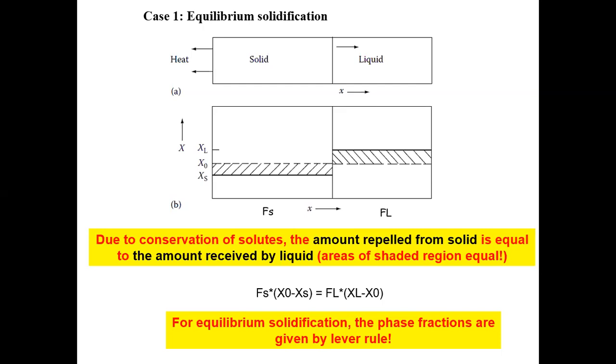In experiments this is usually difficult to achieve because we typically cannot afford a very long time for a bar to cool down. But we'll see different ways to go around this. Theoretically, this is how the lever rule is derived in a different context, and it also illustrates under what condition you can apply the lever rule.